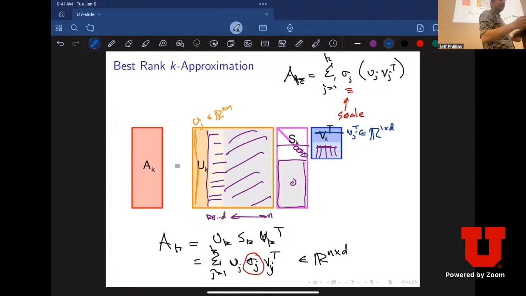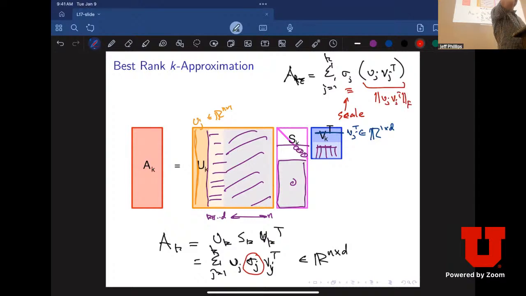The r,c entry is the rth element from u multiplied by the cth entry of v_j, right? So I look at all combinations in the outer product. They're unit vectors, so this is kind of like a unit n by d matrix. It has no scale information. So if I look at the norm, I can define the Frobenius norm of this term, u_j v_j transpose.